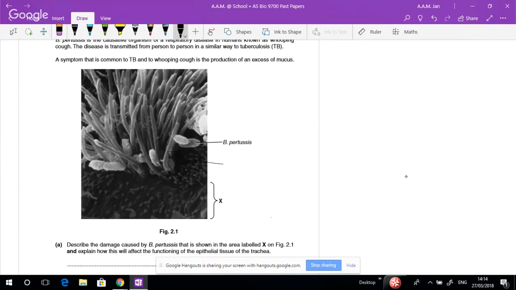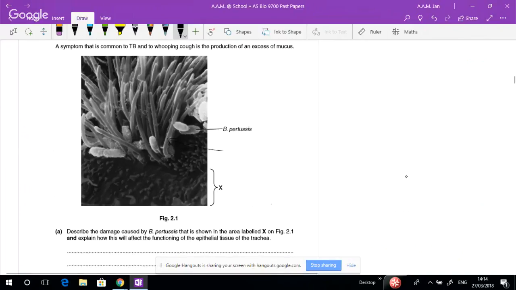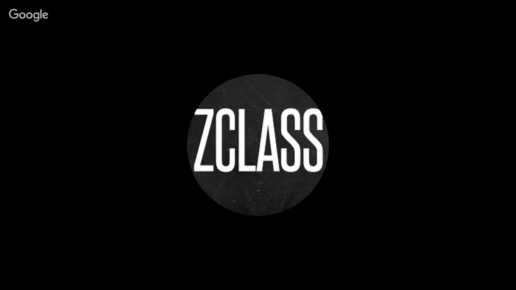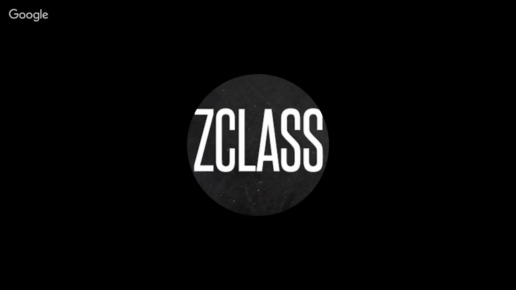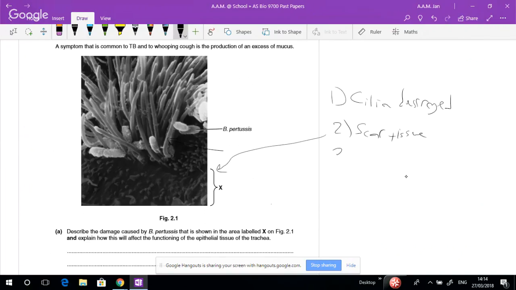Good. Yeah, so basically you're going on to the explanation, which is good. There's 1 mark here for, as you said, talking about cilia being destroyed. You could also comment on the fact that it seems like there's some form of scar tissue replacing the cilia here in X. And obviously points 1 and 2 would affect the coordinated movement of the cilia.